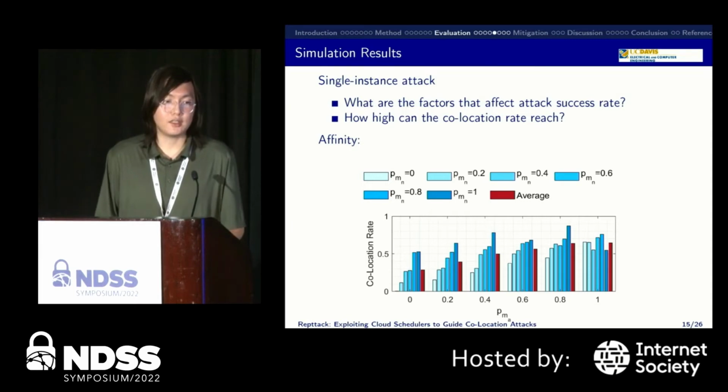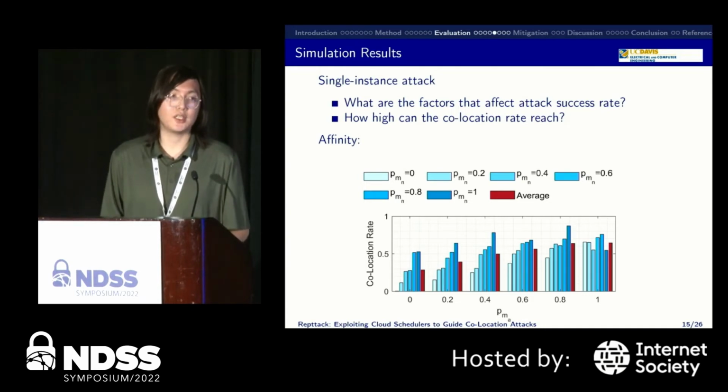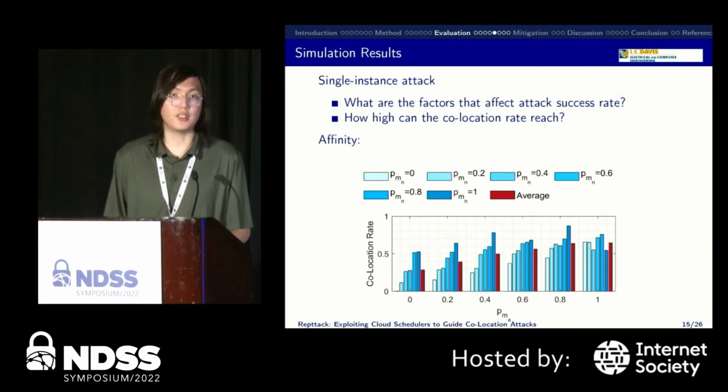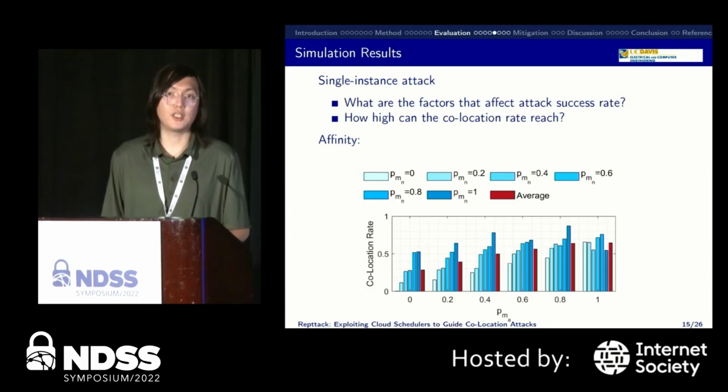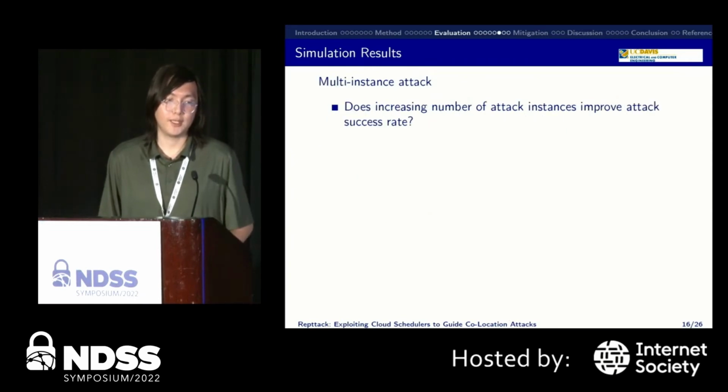The collocation rate can reach as high as around 70 to 80%, which is quite high for a single instance attack. So this means that when users are using these definitive features extensively, our success rate can be pretty high.